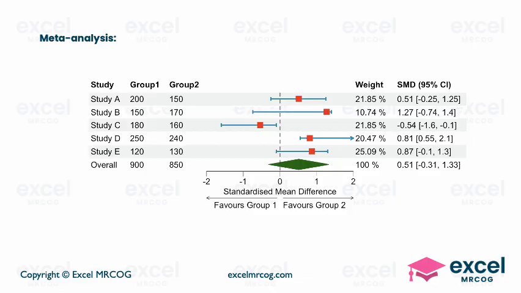And the other three are crossing this line. That means their confidence intervals are crossing. Now as you can see here, the diamond crosses the line of no difference. This is why it is so different from what we saw in the meta-analysis before.